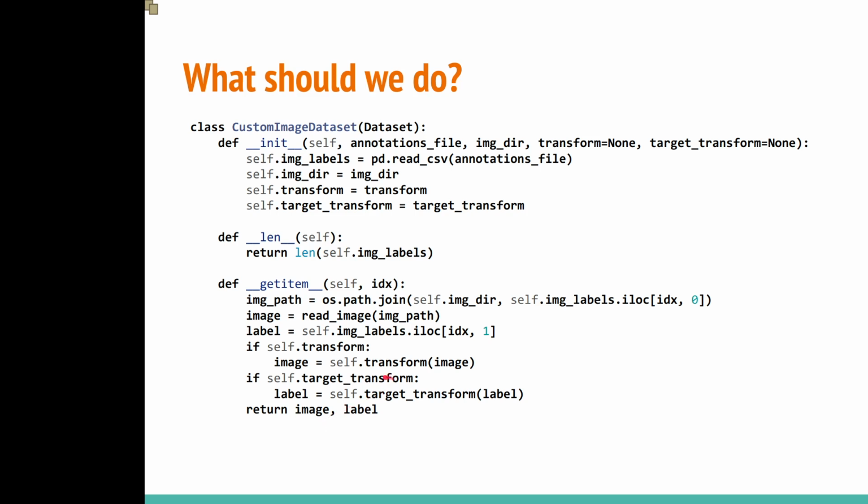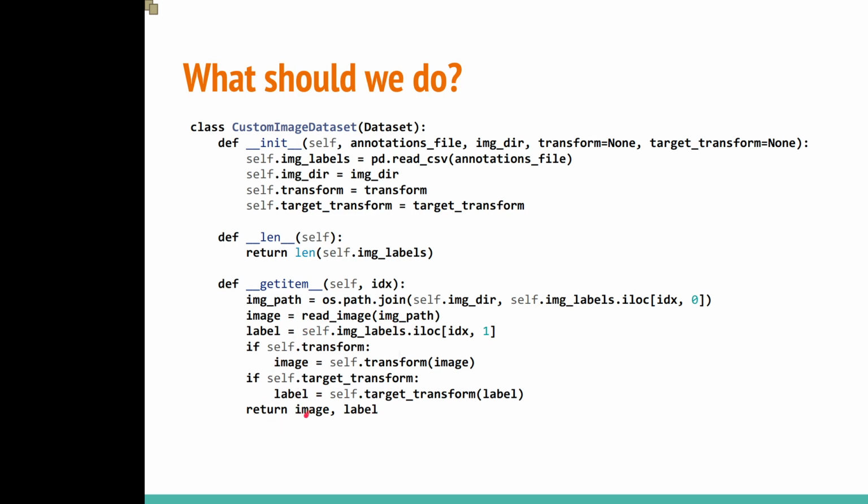In this case, we need to do the data augmentation for the label as well. If we do some data augmentation such as resize or crop, this will change the resolution of the input image, so we need to change the resolution of the label as well by using the same data augmentation.